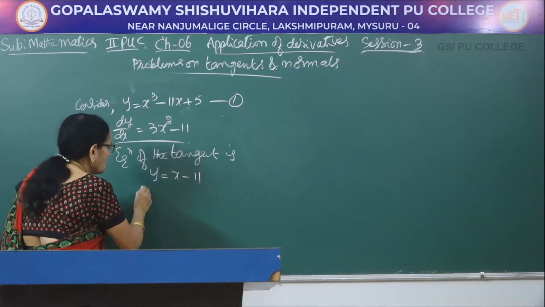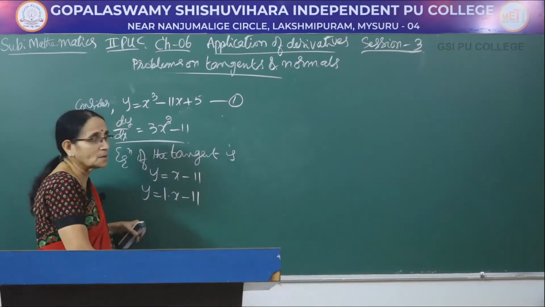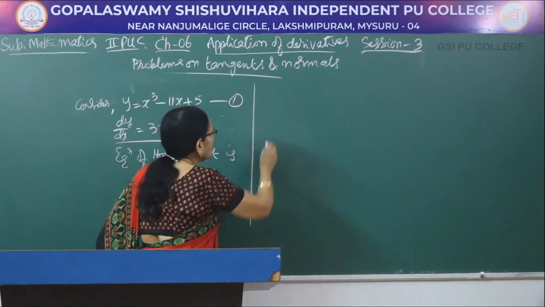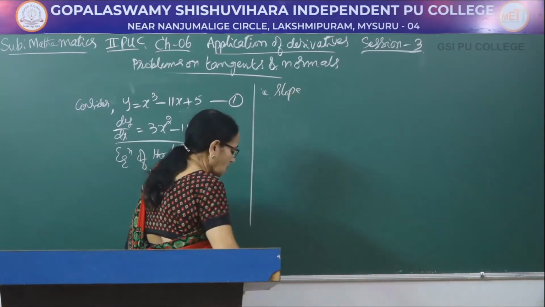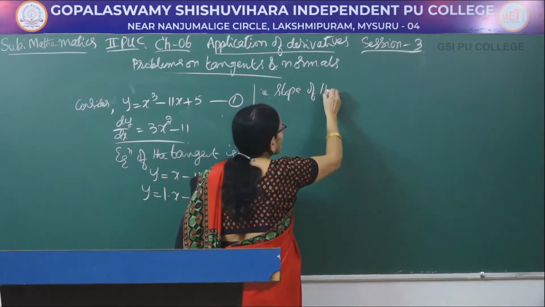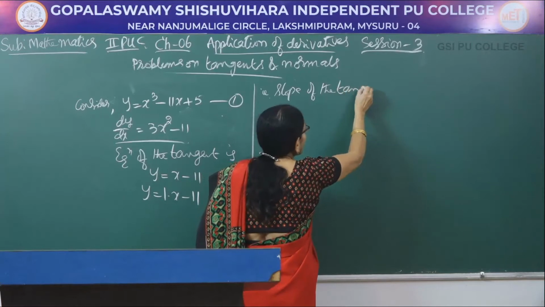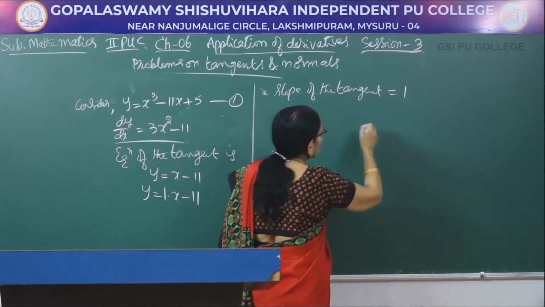That is, y can be written as 1 into x minus 11. That is the slope of the tangent, because we can compare it with the standard equation. The equation of the tangent itself is given, so the slope of the tangent is 1.